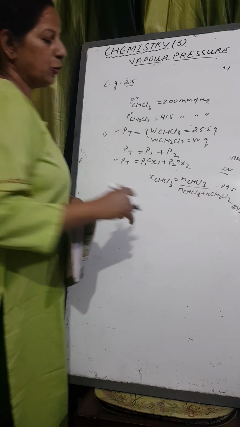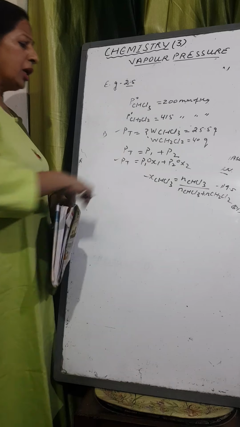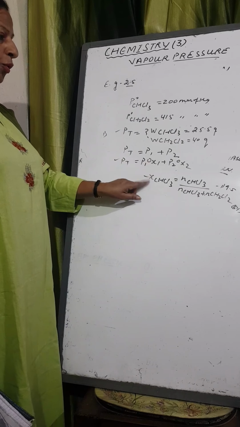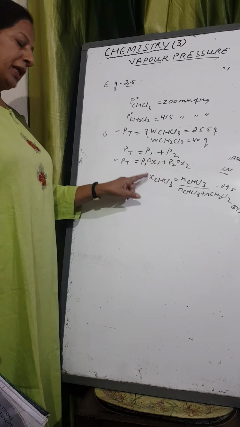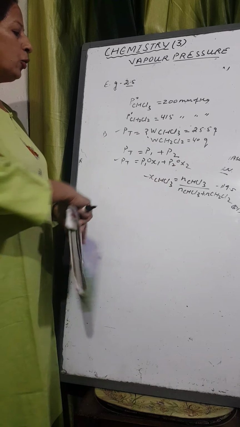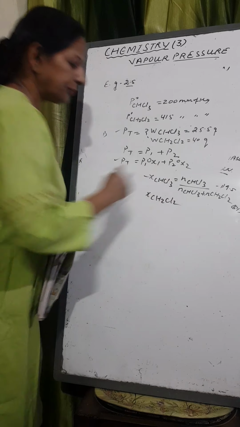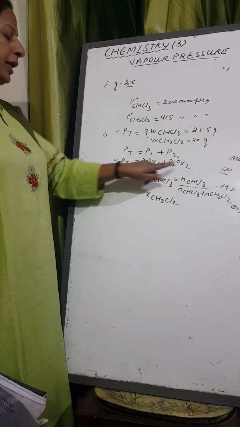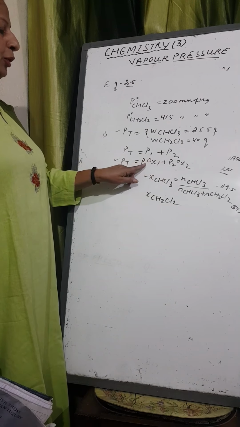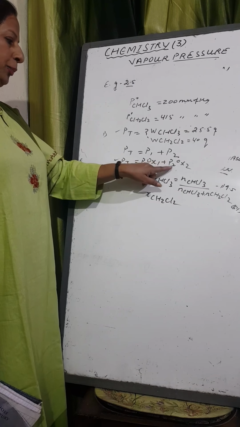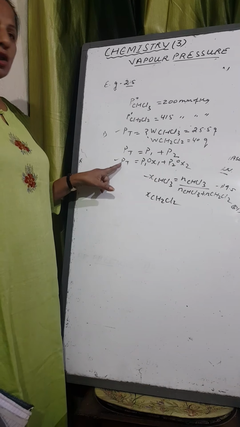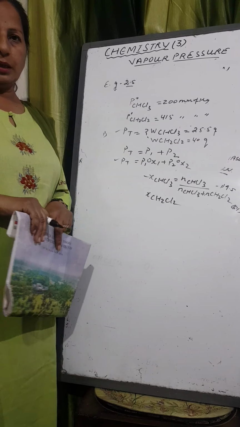You will have to calculate it. So this way you will have the value of mole fraction of chloroform. Subtracted from 1, you will get the value of mole fraction of CH2Cl2. Now having calculated the values of these, put the values of P1 naught and P2 naught, you will get P total. That is your first part.